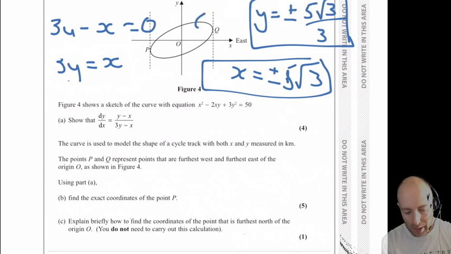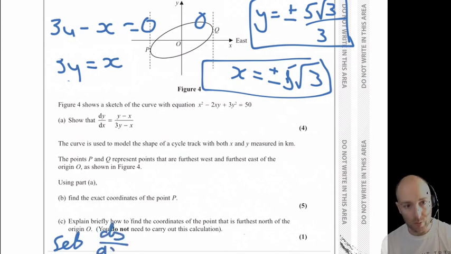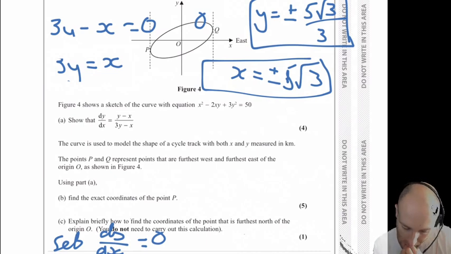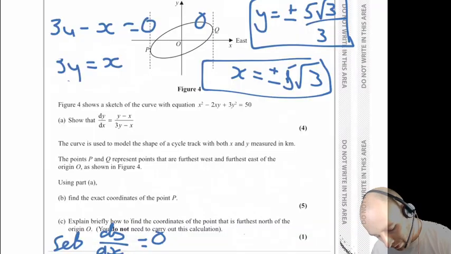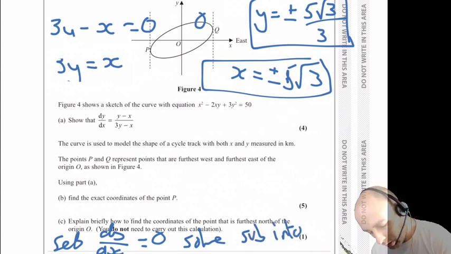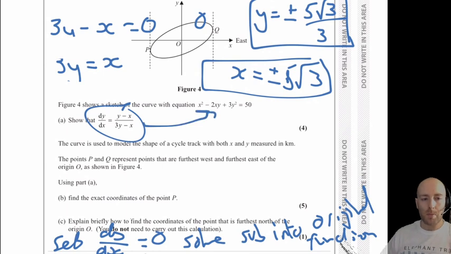That would be our maximum point, and we would set dy by dx equal to 0 and solve for x, sub into the original function. So solve that one, put it into that one. So basically we'd say y equals x and solve that instead.